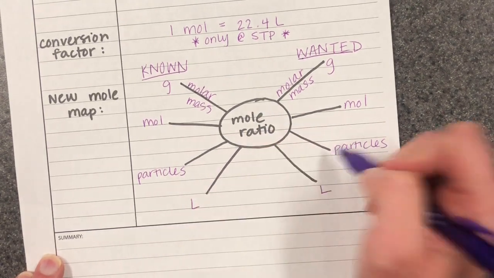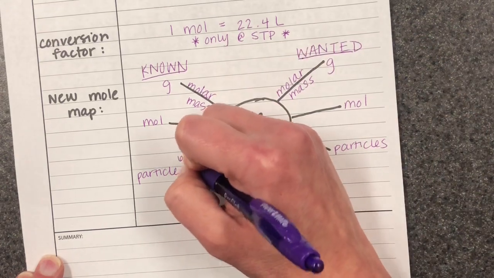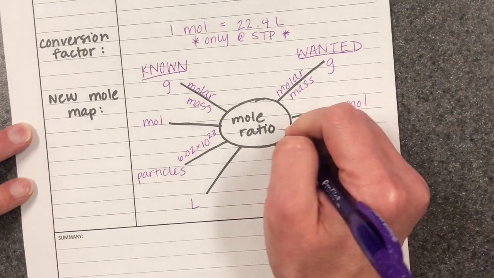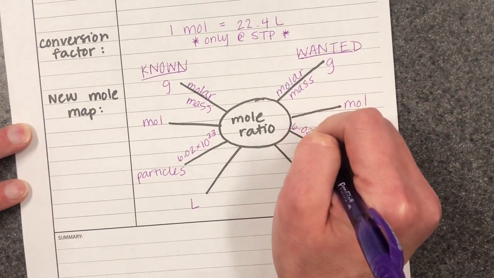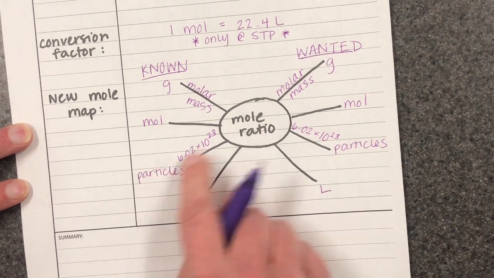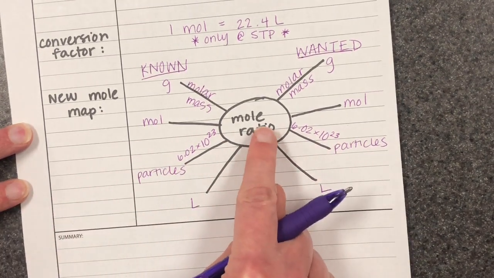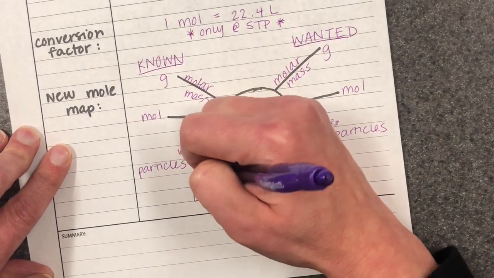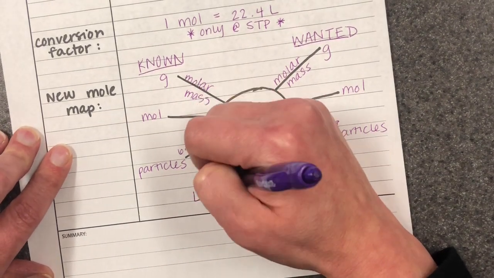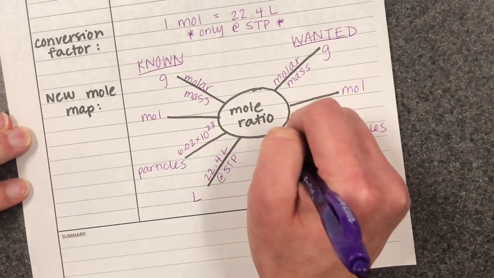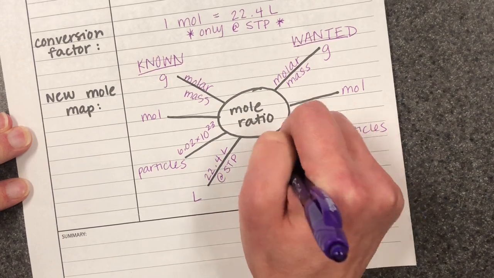If you have particles or want particles at the end, remember Avogadro's number is the way to link the number of particles to moles. So we can convert to moles from particles, we can convert moles to particles at the end. And so now we can use that 22.4 liters at STP. Make sure it's at STP.